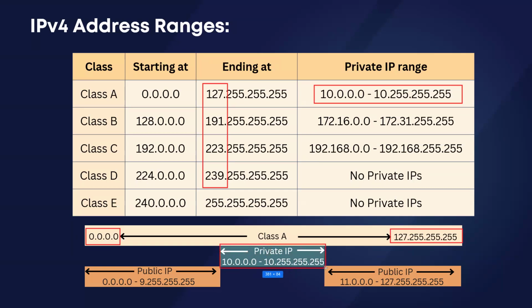Any IP within this range is a private IP, and any IP outside that range is a public IP. So from 0 up to 10, which is 9.255.255.255, and after 10, from 11.0.0.0 up to 127, those are the 2 sets of public IPs. So in each class, you have a similar set: 1 small set of private IPs and 2 sets of public IPs on each side.